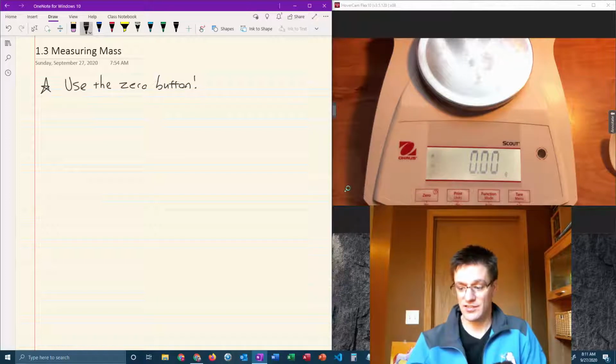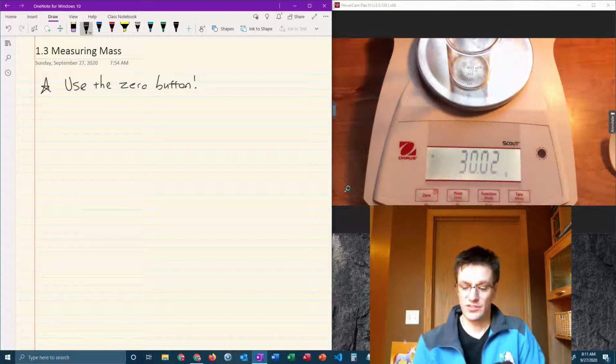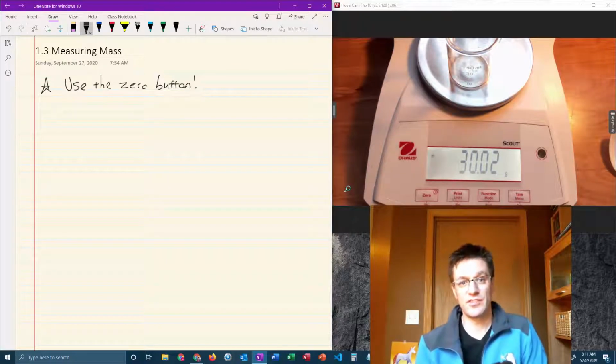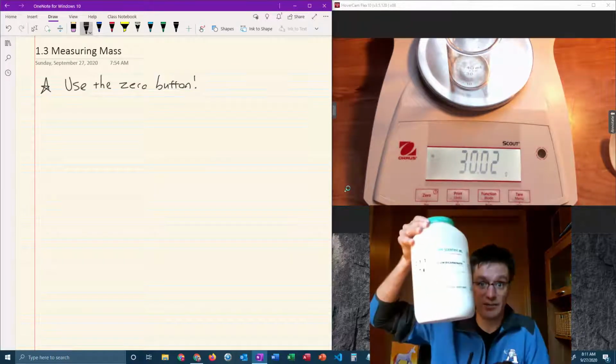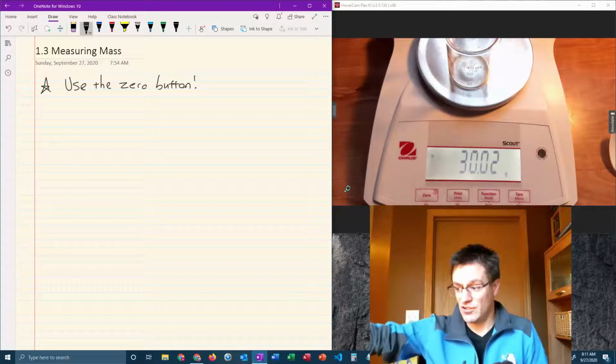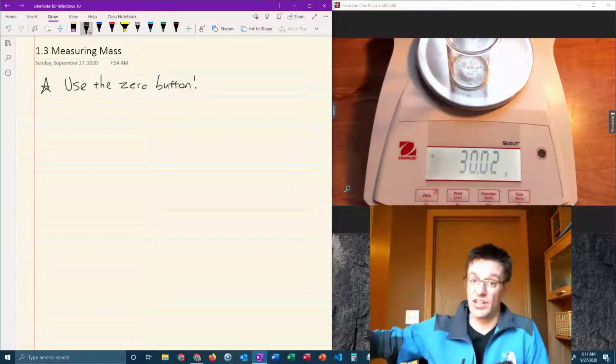And what it does is, say I put this beaker onto the balance, you can see it has a mass empty of 30.02 grams. So in a lab, I often see students struggling because maybe they need 1.5 grams of some substance, like I've got some sodium bicarbonate here, and they can't figure out how to get 1.5 grams because the mass of the beaker is on the scale already, and we don't want 1.5 grams of sodium bicarbonate plus beaker glass.